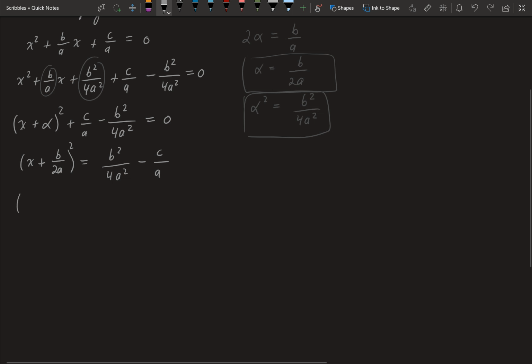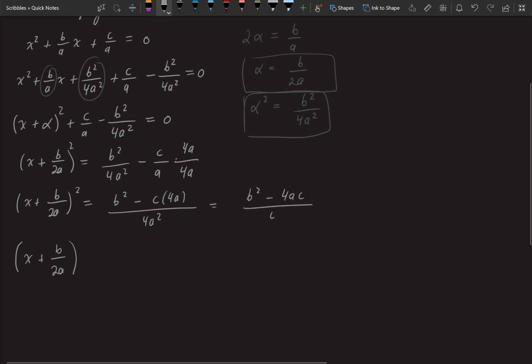Let's write this side out, so that's done. And then we're going to times by 4a on top and bottom over here, so timesing by 1 essentially. b squared minus c times 4a over 4a squared, and then we get x plus b on 2a. We'll just do it here actually, save us writing it out again. And then we get b squared minus 4ac on 4a squared.